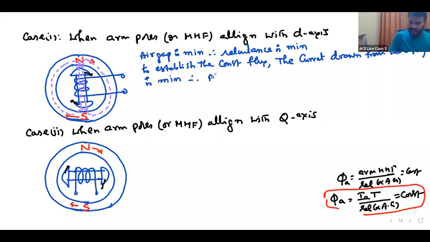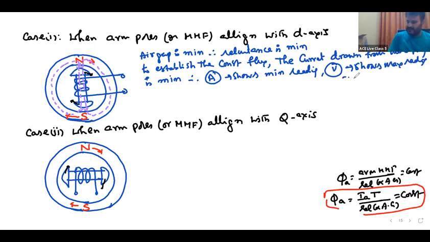Therefore, the ammeter shows minimum reading and the voltmeter shows maximum reading. Why? Because the drop in the variac is minimum.